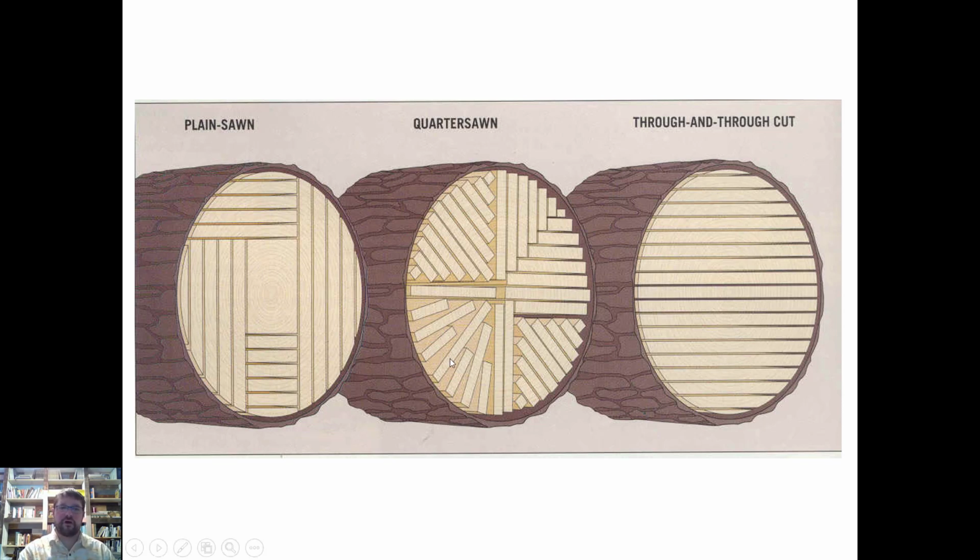Okay, so a plane saw would be something that looks like this, where you're cutting it on different horizons, and it's not a clean through and through cut, and you're getting a couple different size lumbers, mainly the same depth, but often you might have a centerpiece where you're getting a big piece of timber out of the center.